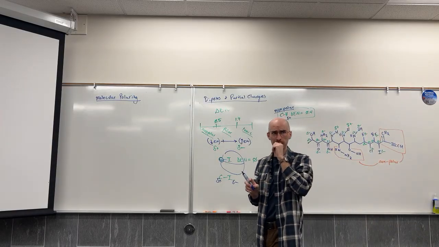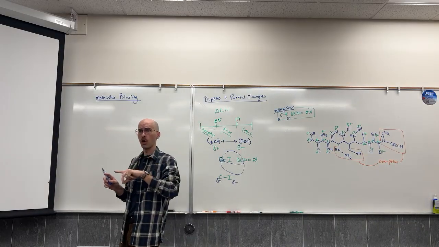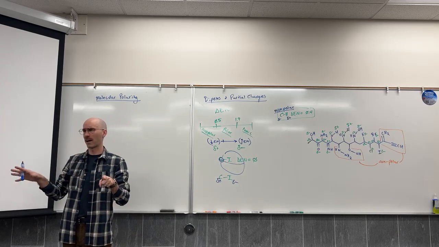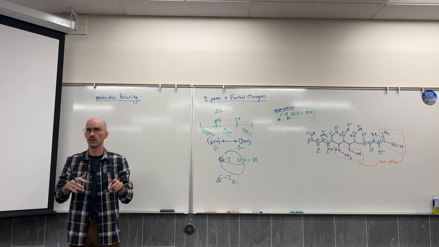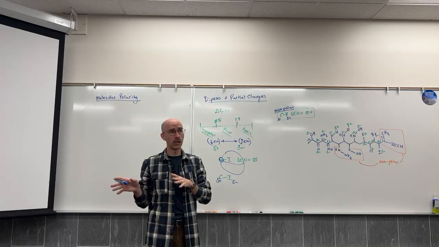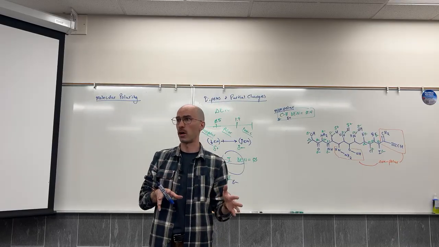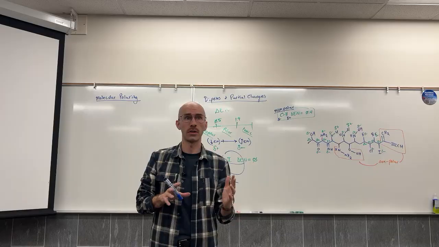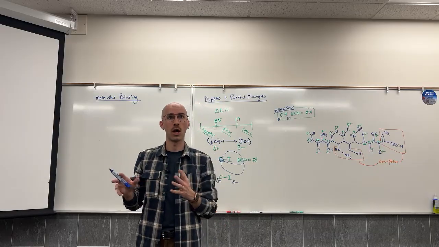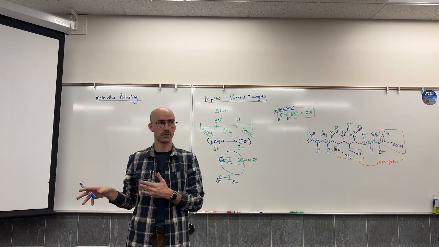You guys know the rectangle and square relationship? All squares are rectangles, but not all rectangles are squares. All polar molecules have polar bonds, but not all molecules with polar bonds are polar molecules.